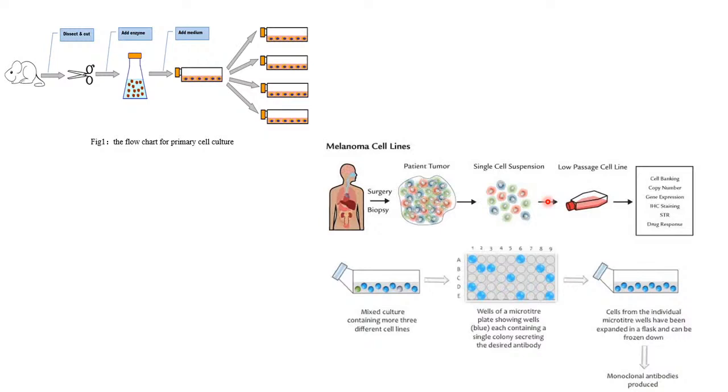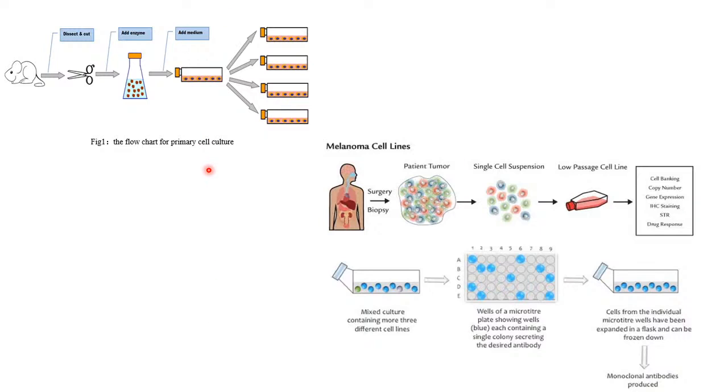And they have created the cell line. We now have so many cell lines which are used for gene expression studies, immunohistochemistry studies, and people test their drugs on them. So it's a very simple method.